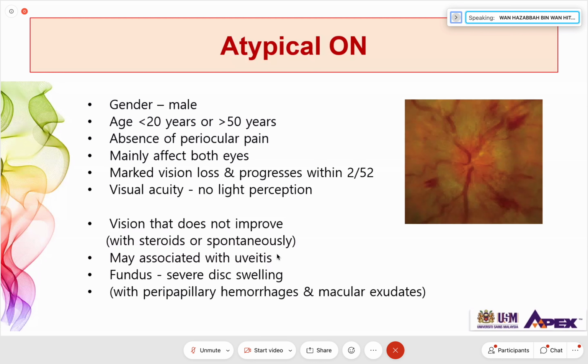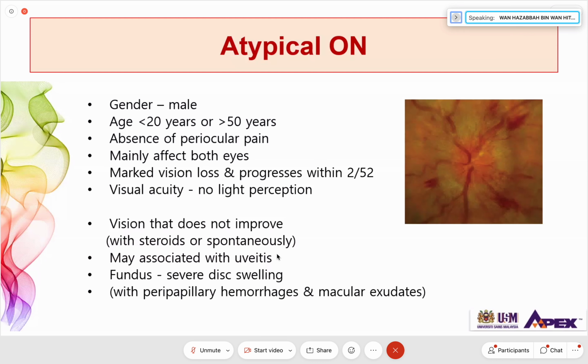Okay, then on presentation the visual acuity is also quite bad. We need to investigate further to rule out all the possible causes like we mentioned just now. Then, if possible, we start the treatment early to prevent visual loss. Okay.